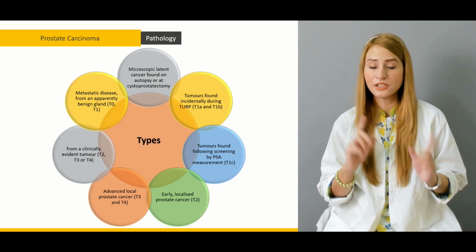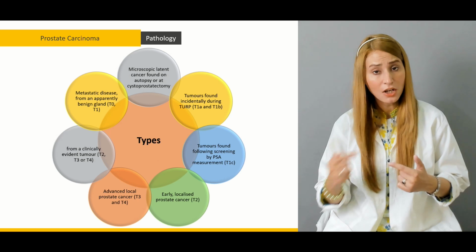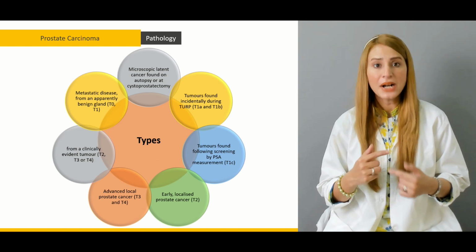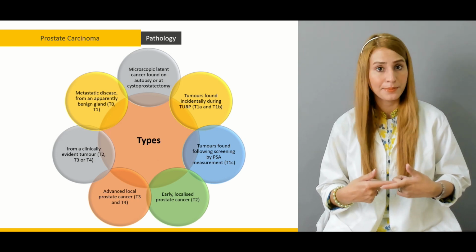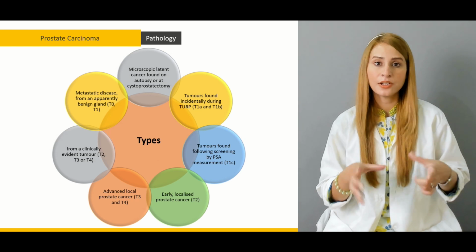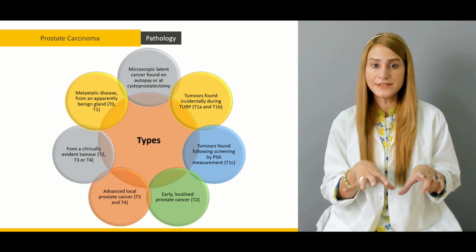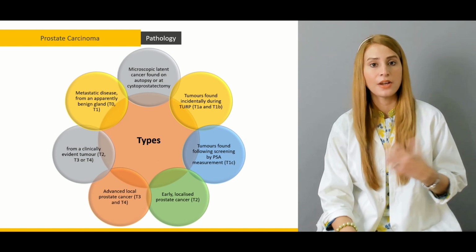Like colonic cancer, prostatic cancer is also a cancer of older people, but it can be found in younger men as well, younger patients. But the more aggressive tumors are in the younger people, and less aggressive tumors are in the older people.